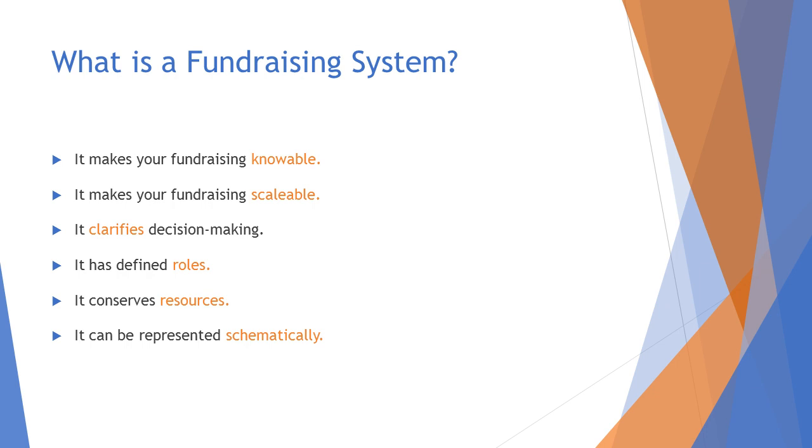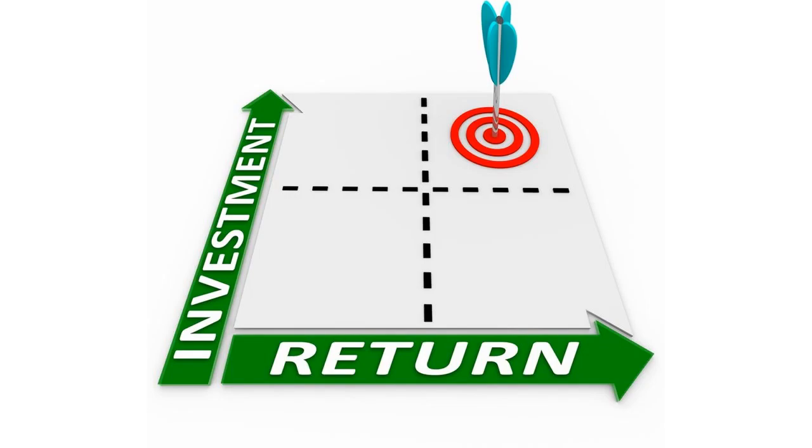And we're going to take a look at an example of one of those diagrams in just a minute. So now that you know the characteristics of a good fundraising system, the question is, why do fundraising systems matter? And this is why. Fundraising systems matter because they allow your nonprofit to raise more money with less stress, less hassle, and fewer resources.